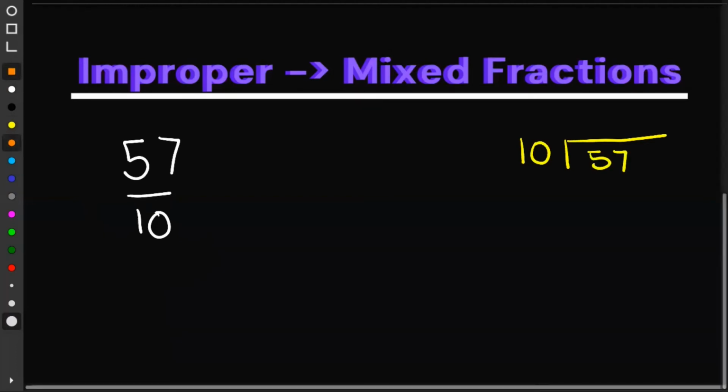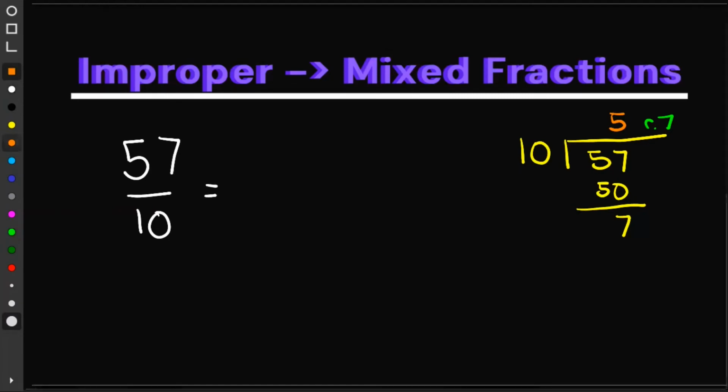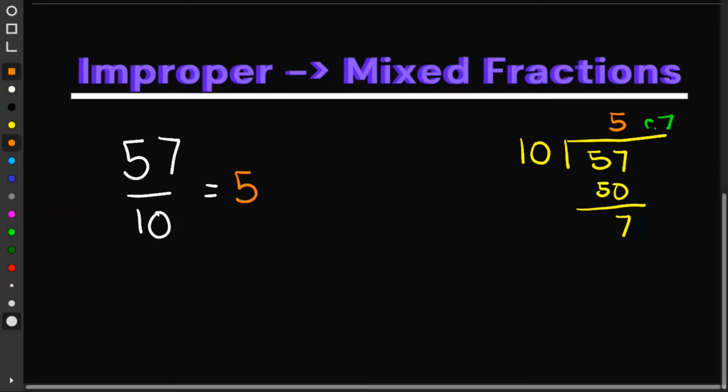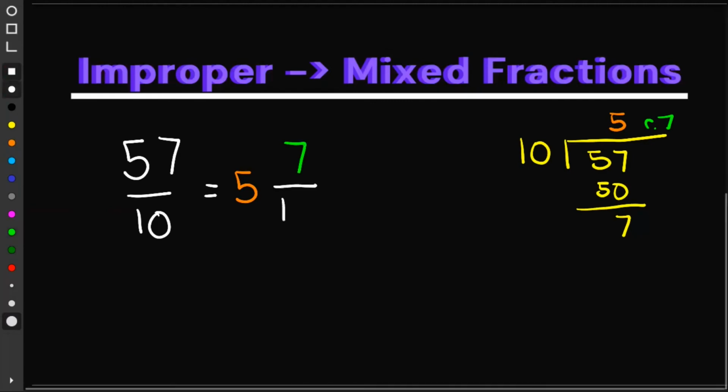So this would give us 5, so this one is 50, and we have a remainder of 7. So we can again now write 57/10 in its mixed fraction form, which is again 5 out here, the remainder 7 all over 10.